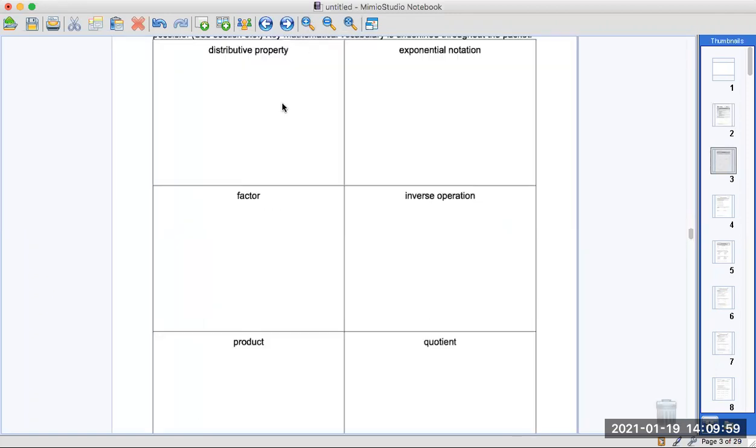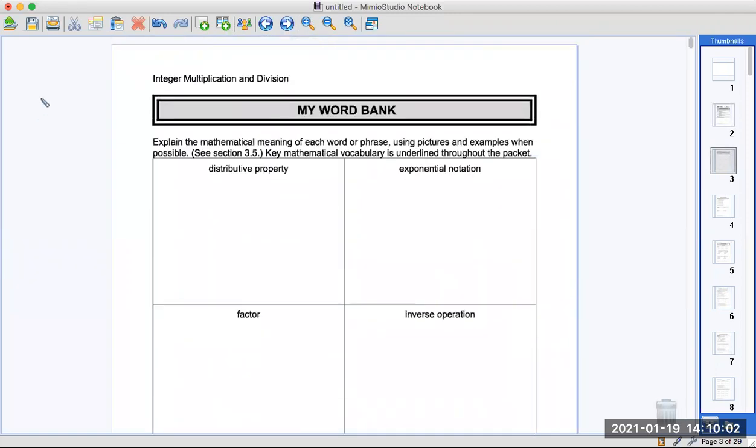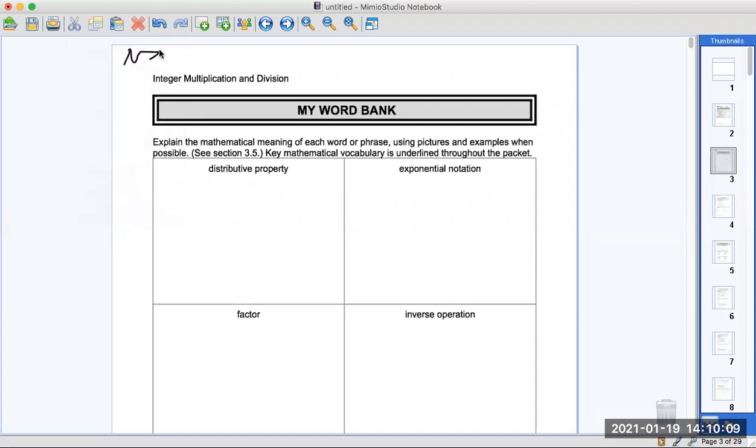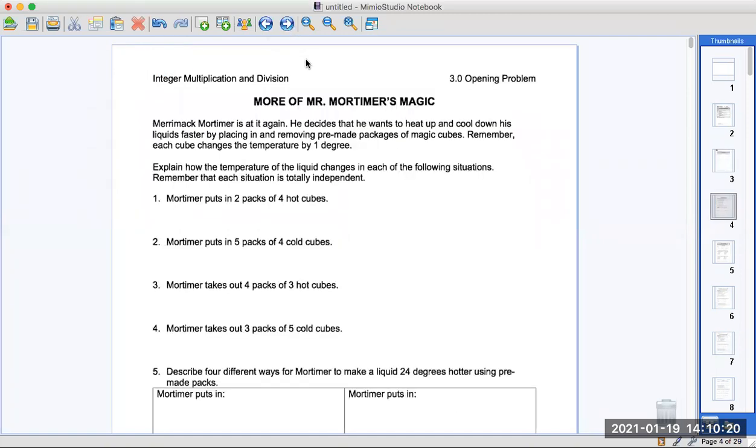I will give you these notes, so you can write notes on top. The second page is actually homework. No, we're skipping this page. More of Mr. Mortimer's Magic, skip.